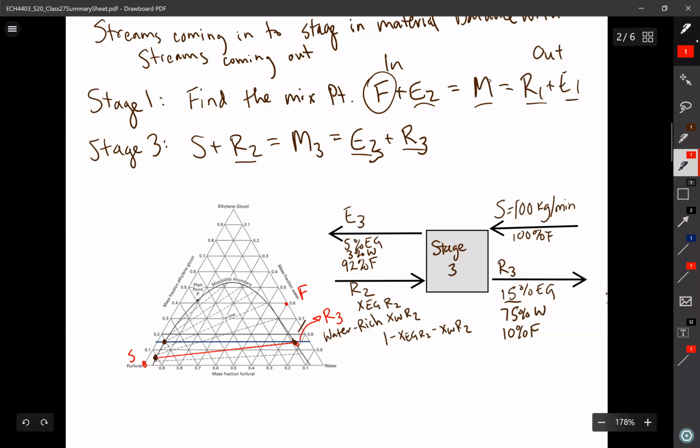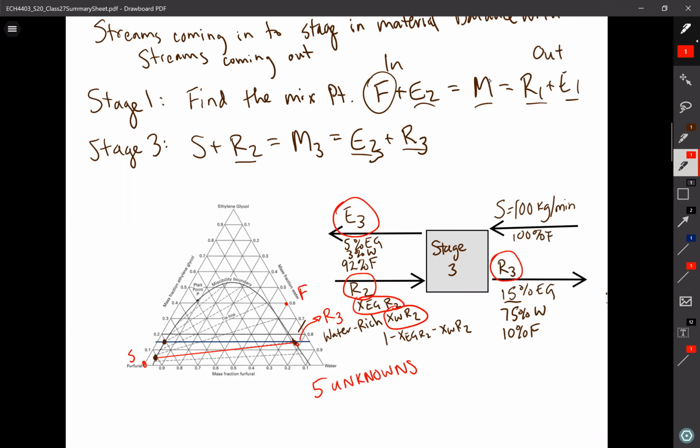So counting my unknowns, the flow rates E3, R2, and R3 are all unknowns. Then the composition of ethylene glycol and water. So I've got 5 unknowns total in this stage. And if I think about the equations that I can use to solve for those unknowns, the only thing I have is the 3 material balances.